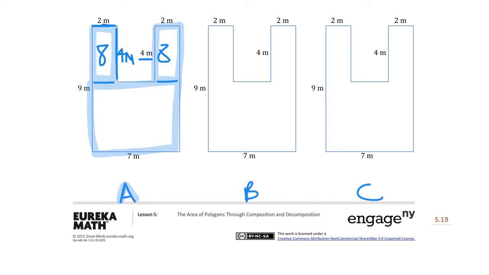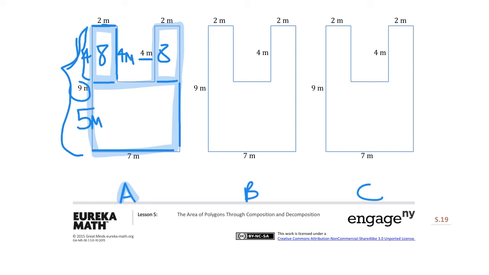Now the one down at the bottom, this distance right here is 7, but I need to know what this distance is. Now don't think it's the 9, because the 9 is the measurement from all the way at the top to all the way at the bottom. And this rectangle at the bottom doesn't include all 9 meters. So if I know that from here to here is 4, 9 minus 4 is 5.